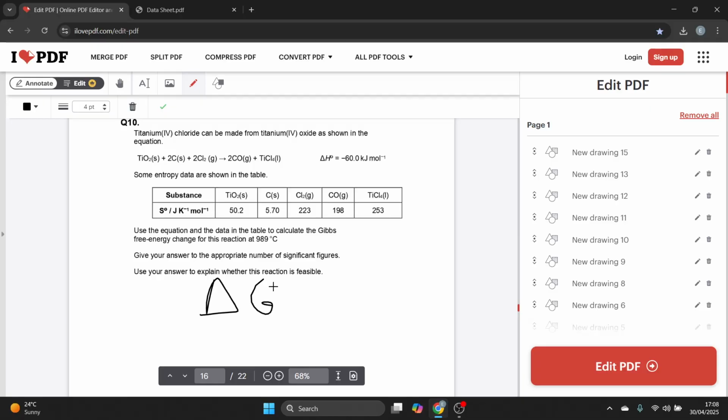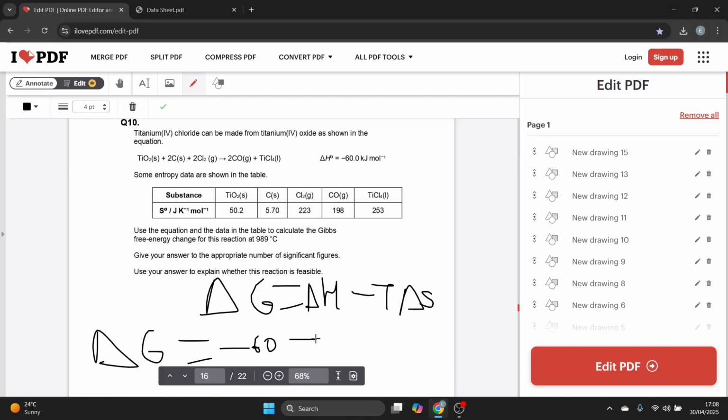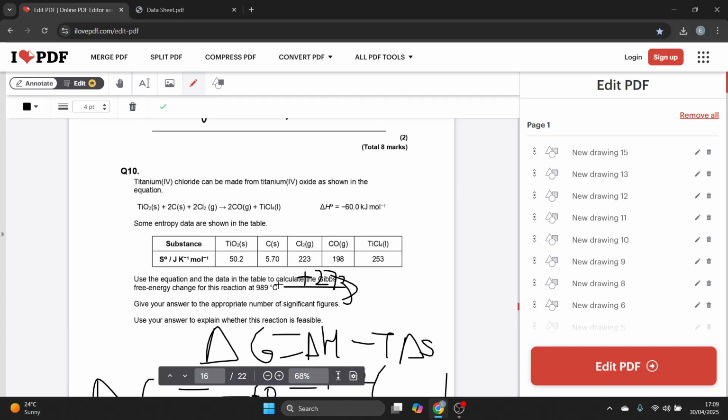Okay, calculate the Gibbs free energy change and then using it explain whether the reaction is feasible. Delta G equals delta H minus T delta S. Delta G equals minus 60 minus, add 273, need it in Kelvin, 1262 bracket delta S. Well, delta S is entropy of products minus entropy of reactants. So it's going to be 2 times 198 plus 253, 649.